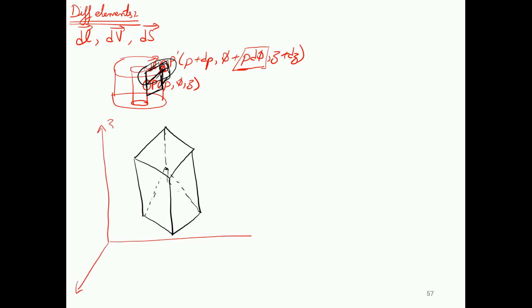This is my z, this is my x, and this is my y, and let us assume a few things are extracted from here. This portion is basically the back of the cube, and this portion is basically the front of the cube.